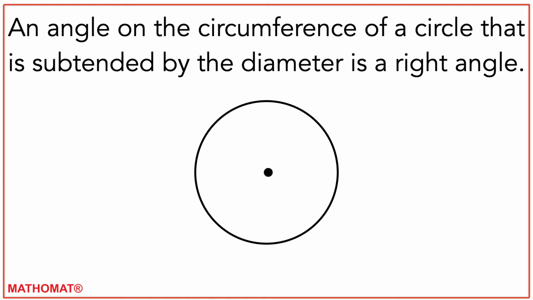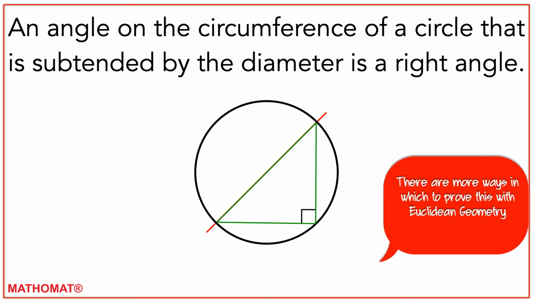If we draw a triangle so that one of the sides is on the diameter, then the angle on the circumference must be 90 degrees. This triangle is inscribed in the circle.